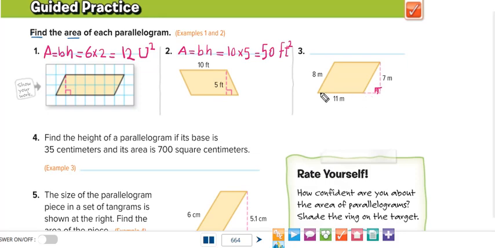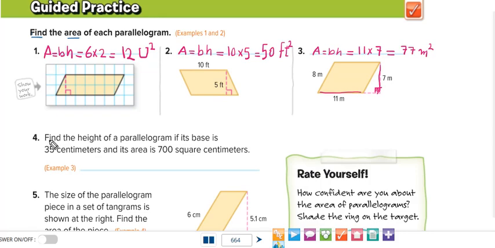As we can see, the base is 11 and the height is 7. So also the same rule, A equals BH. The base 11 multiplied by the height 7, 11 by 7 is 77. What is the unit? Yes, it is meter squared.